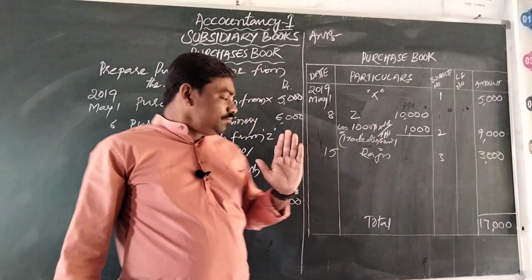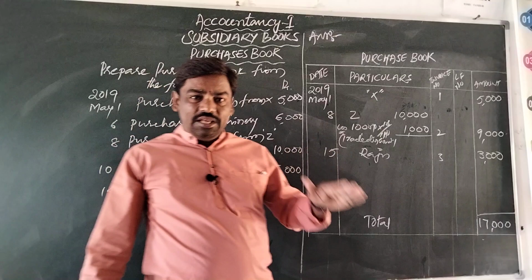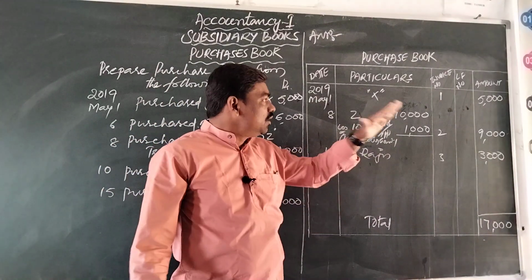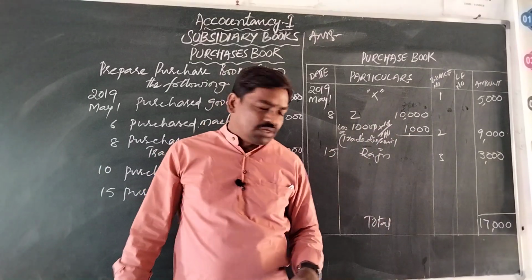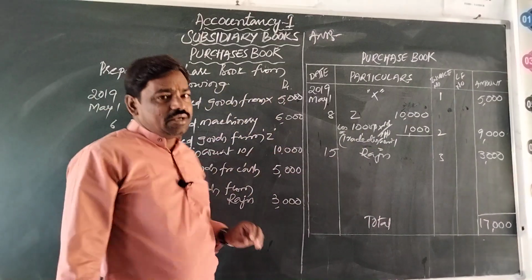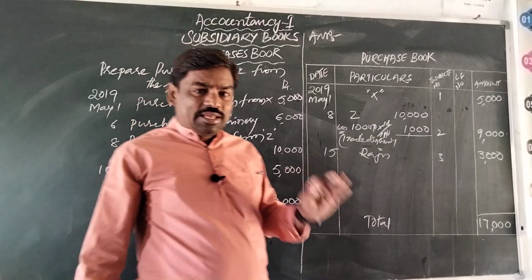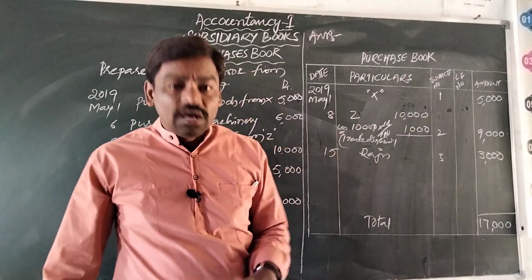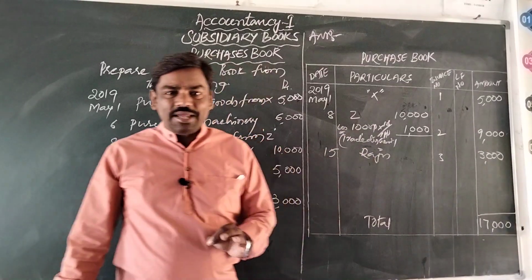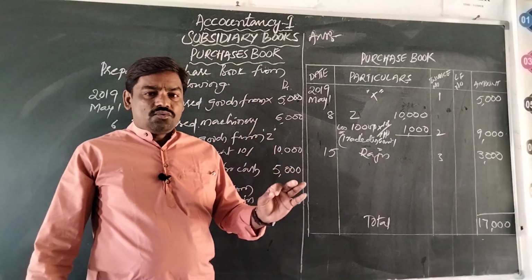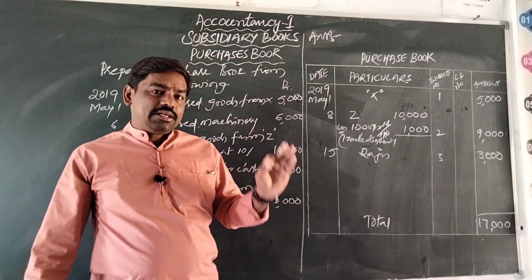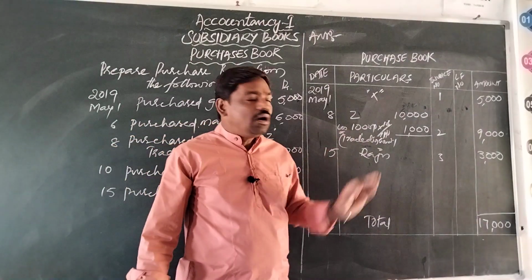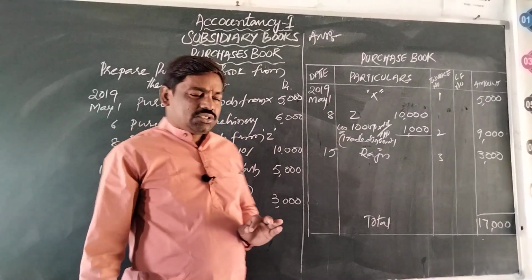And here that document, the inward invoice, can be used as an evidence document to record the transaction in the purchase book. Okay, and next one, trade discount. Trade discount is the rebate offered by the supplier to the purchaser on catalog price. That trade discount can be deducted from the purchase price and the net figure can be shown in the amount column of the purchase book.